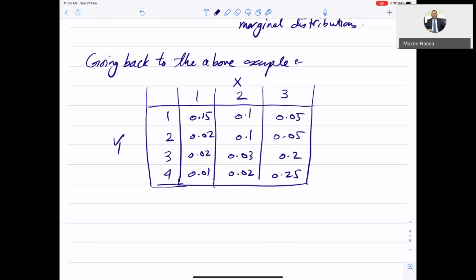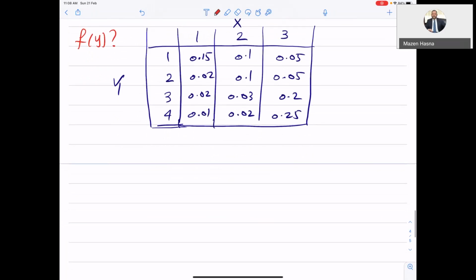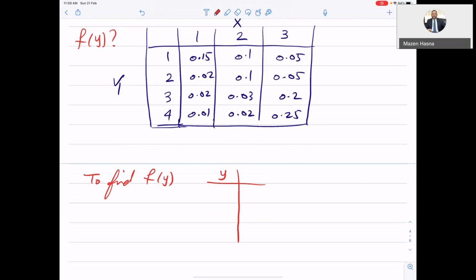So now assume that we are interested in f of y. We want f of y only. To find f of y, y can be 1, 2, 3, or 4. So you should give me y, f of y. You should give me y for 1, 2, 3, 4. And what's f of y?